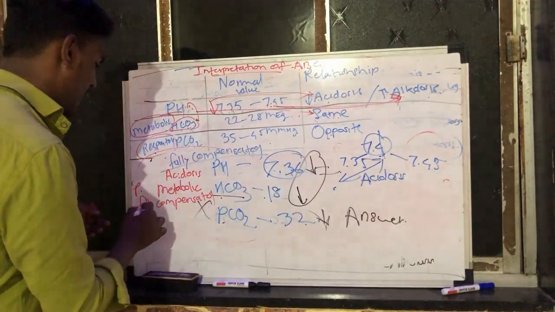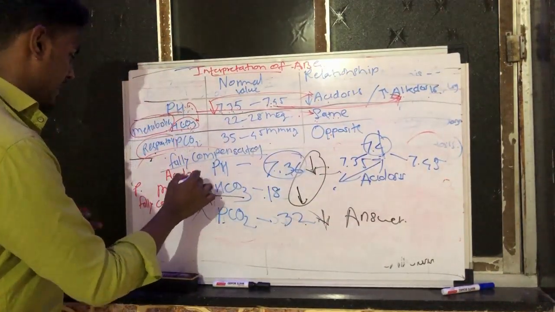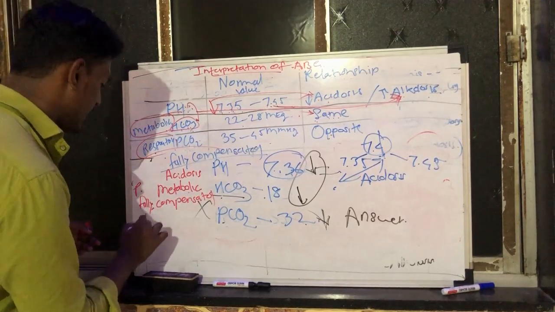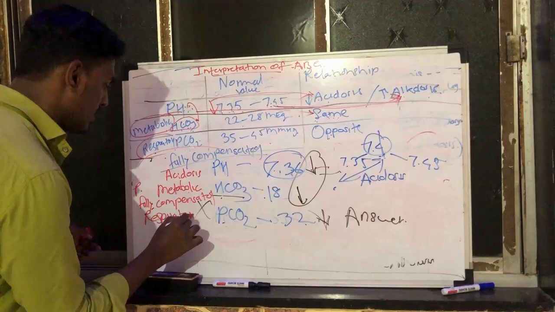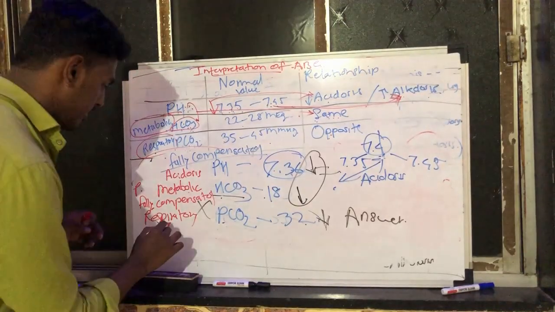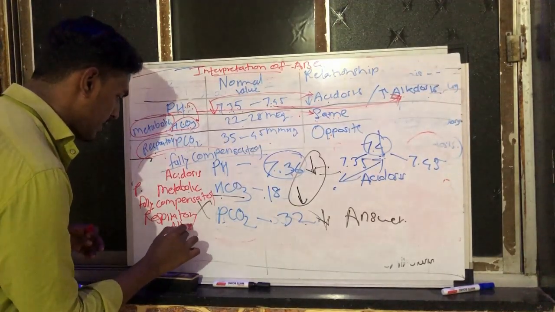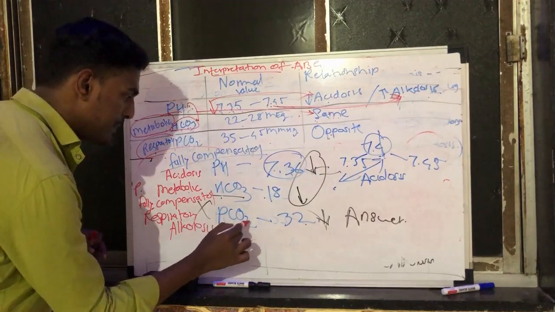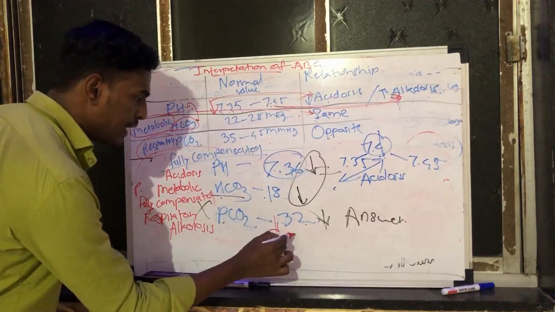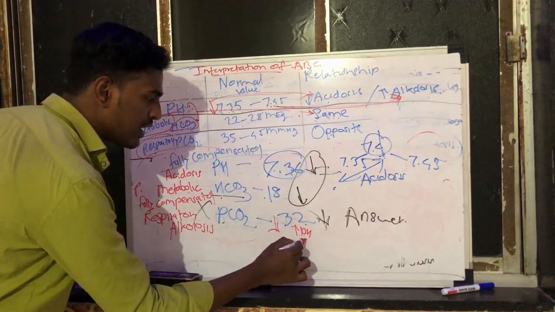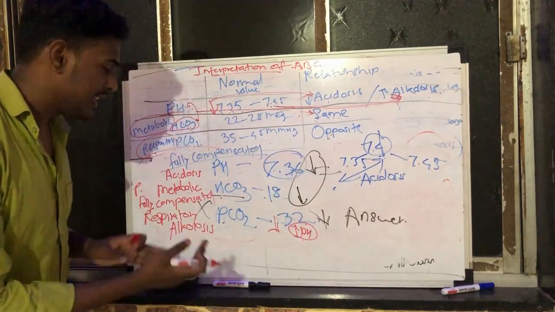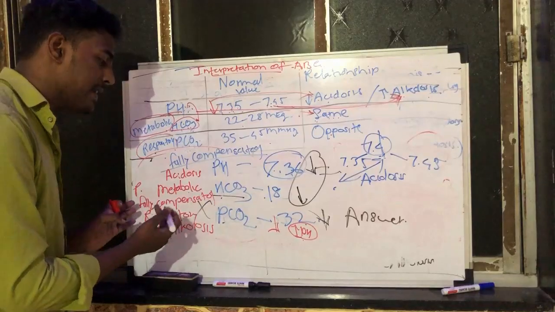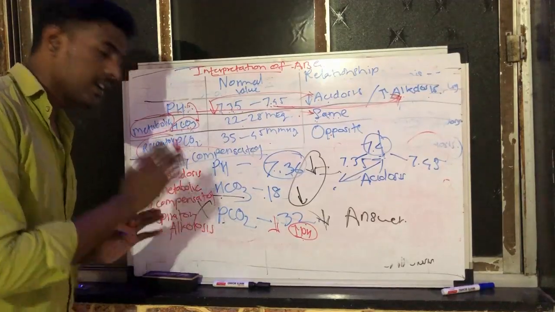So here primary metabolic acidosis fully compensated by respiratory alkalosis. Why alkalosis? Because PCO2 tries to decrease to increase the pH. To increase the pH means trying to make it alkaline. So we say fully compensated respiratory alkalosis.